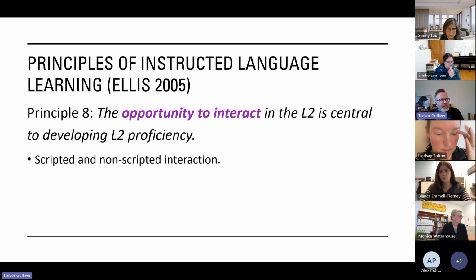Those kinds of drama activities provide us a lot of unscripted, spontaneous, fluency-oriented interaction, which is great. And then we also have these scripted, planned, rehearsed, prepared forms of interaction, which can also be great.